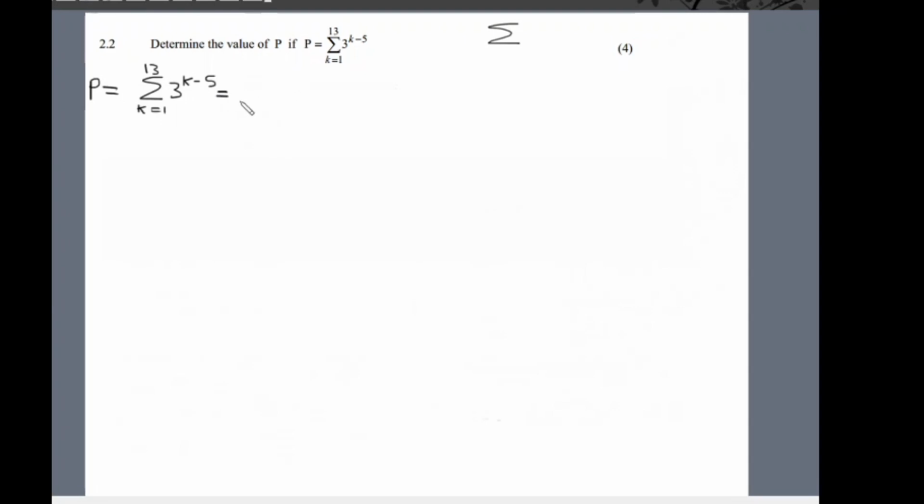Starting at k equals 1, we have 3 to the power 1 minus 5, so that is 3 to the power minus 4, plus now we are at k equals 2. 3 to the power 2 minus 5, that's 3 to the power minus 3, right?